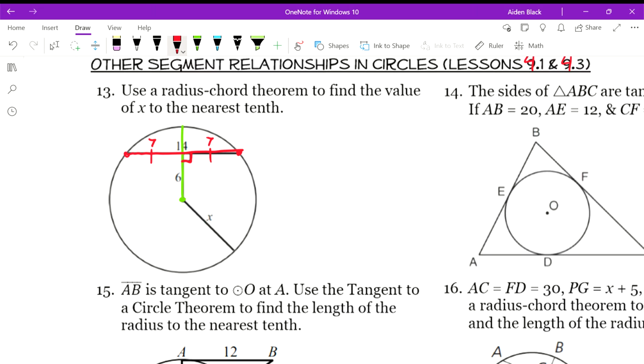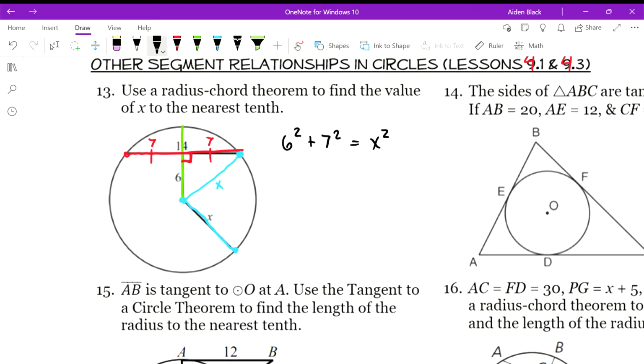Now we're looking for the value of x, but you'll notice x is a radius, right? It goes from the center to the circle. So from the center of the circle to this point here is x. You'll notice that right angle there gives us a right triangle, so we should be able to just write the equation a squared plus b squared equals c squared.